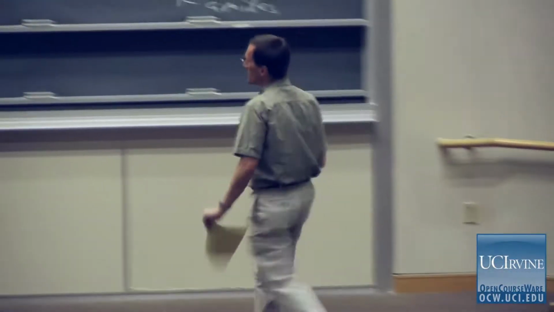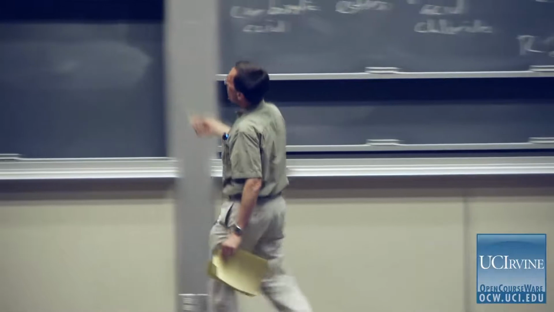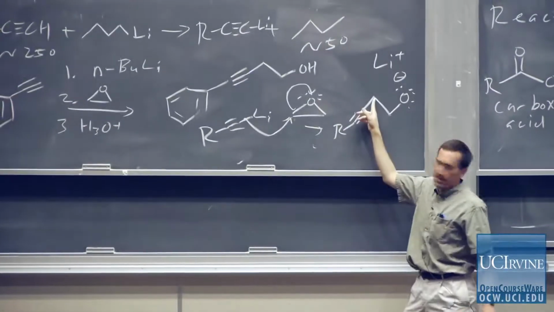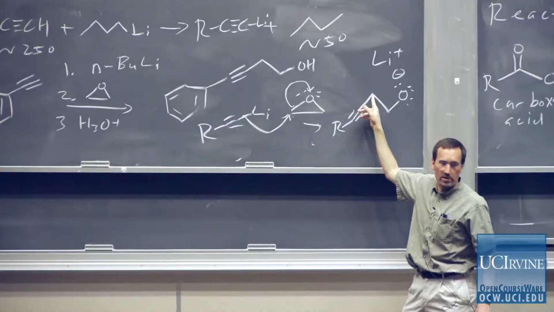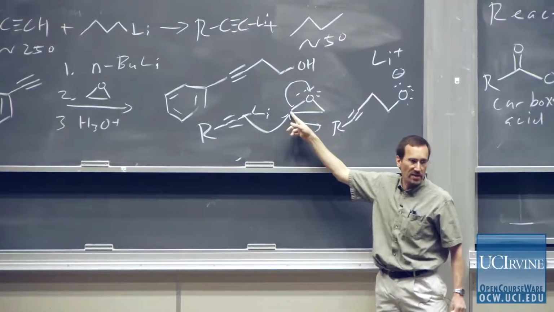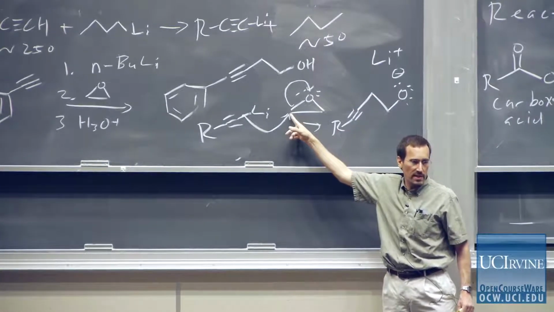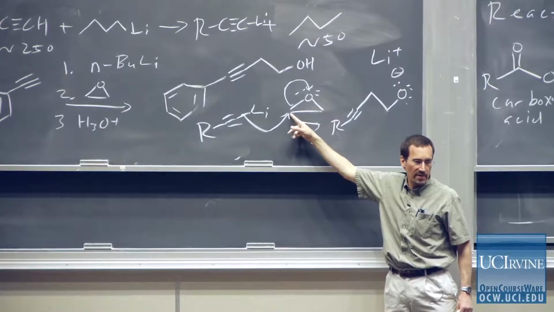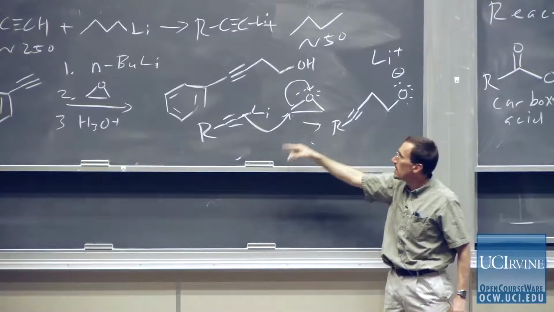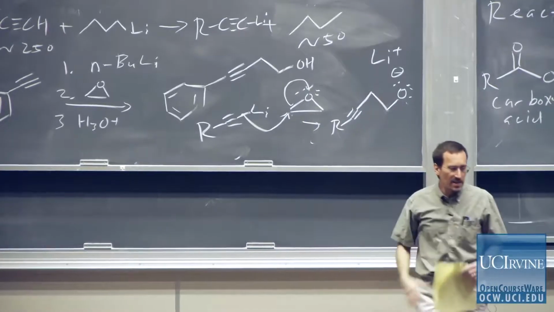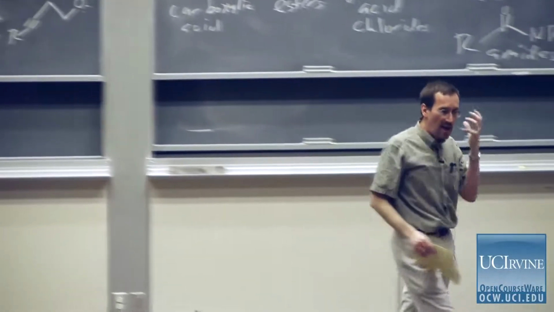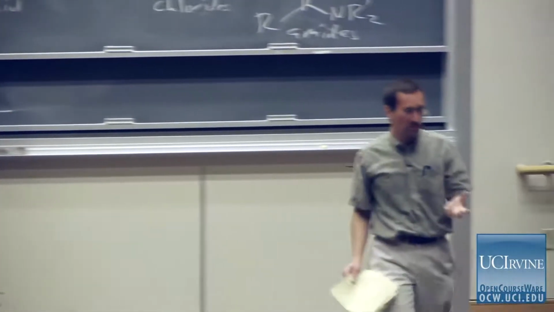And indeed it does, although there is no stereochemistry at the center that we formed here. You could imagine, let's say, having two different substituents here, like a hydrogen and a deuterium, and we would get inversion of stereochemistry. Typically, epoxides are attacked by basic nucleophiles at the less sterically hindered carbon.